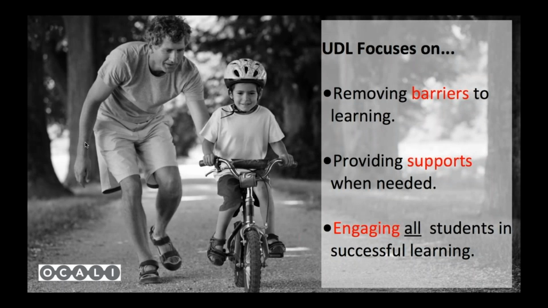So when you're thinking about universal design for learning, and if you are new to the whole idea and concept of it, what you really want to think about is, think back to when you taught your child, if you have a child of your own, how to ride a bicycle. Okay, I'm sure everybody that's done it remembers it. It takes just the right amount of support or scaffolds.